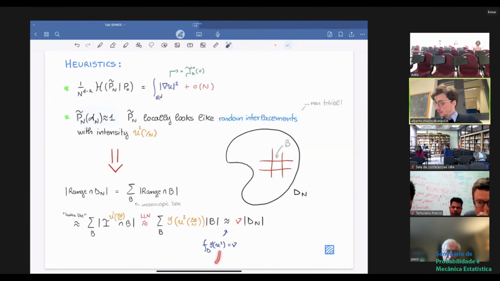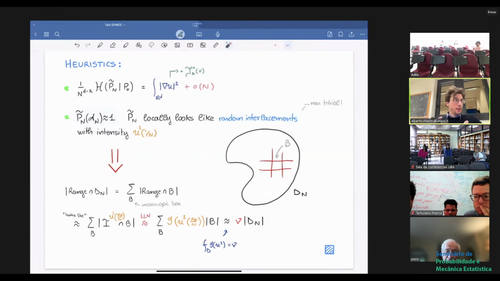And you see that this U was chosen exactly such that the integral over D averaged by the volume of D is equal to nu. You get essentially that under this new measure, the range intersected D_N covers roughly a fraction nu of the points. And so after this change of measure, we realize this typical behavior.